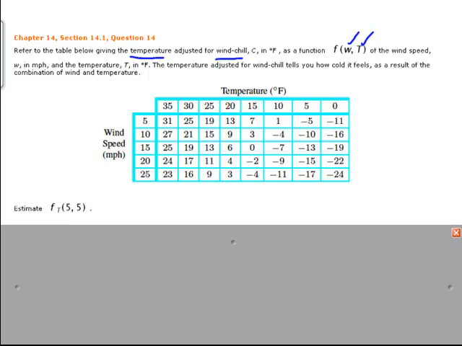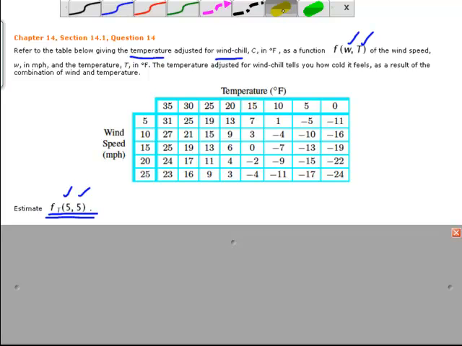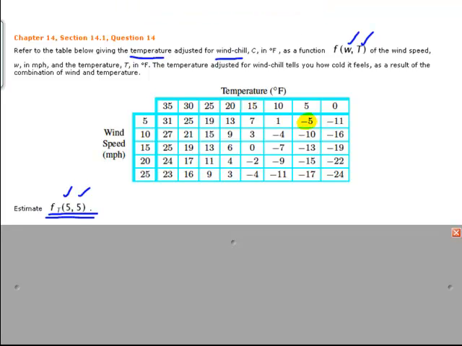And what we want to do is estimate the partial derivative with respect to temperature at the point 5, 5, and we want to see what happens when we just change temperature.